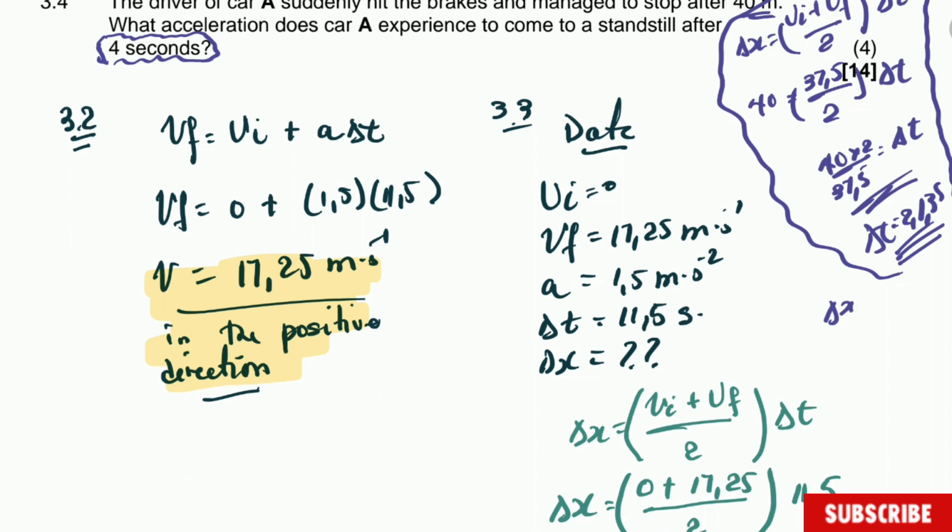So same formula. I'm not going to rewrite the formula, just going to substitute. The numbers here will be 37,5 plus 0 divided by 2 multiplied by 4, and then the displacement is going to be 75 meters. So what I want you to know here, the displacement is 75 meters.